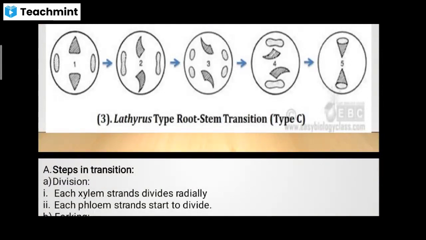After the division and rotation and the different processes, the position of the phloem strands will be changed. So this is all about type C of the root stem transition process.